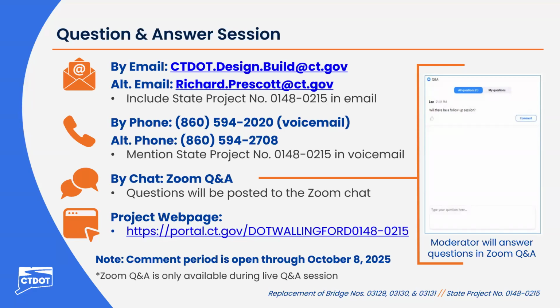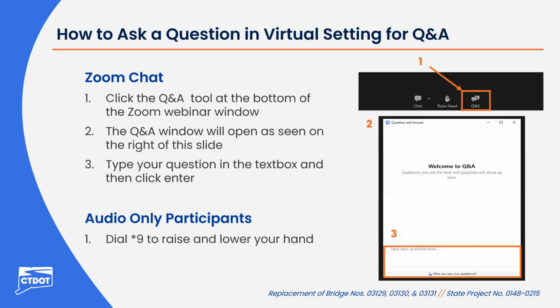You can do so by email, the two options are listed on the screen, by phone, or by using Zoom, or visiting our project webpage. To submit a question or comment through the Zoom Q&A option, you click on the Q&A icon on the bottom of the meeting page. Type in your question in the pop-up window. We will review the questions at the very end, and they'll be monitored. Now, Jeff will introduce you to the project team.